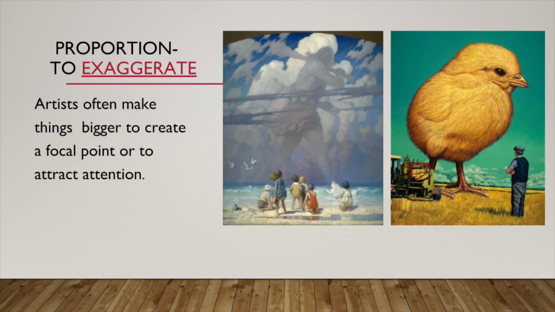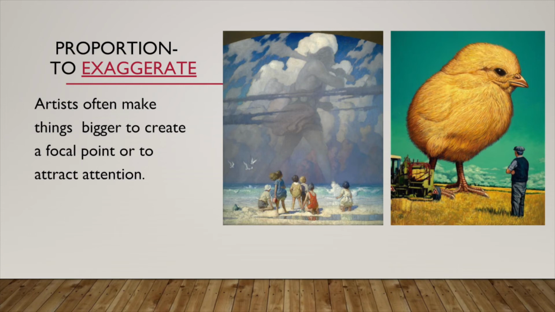Our next vocabulary word for proportion is exaggeration, and that's making things bigger to draw our attention to a focal point. Take a look at this example of these children imagining this cloud as a giant in the sky. It's so huge, and we're drawn to how big that is in relation to how small these children are within this artwork.